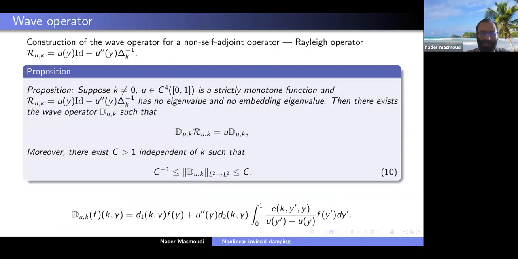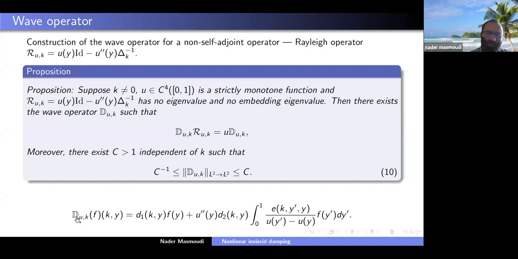But basically, what we are able to do is to construct this object. Again, this object uses more or less that representation formula from the paper of Wei, Zhang, and Zhao. So at the end, we are able to construct a wave operator that has a part which is a multiplication, and another part which is some sort of singular integral.